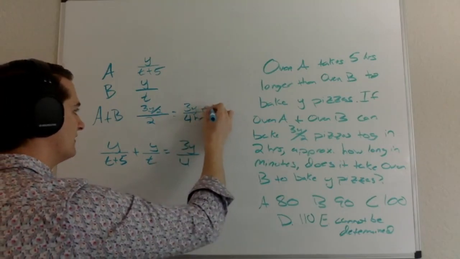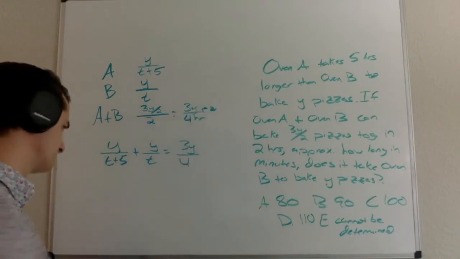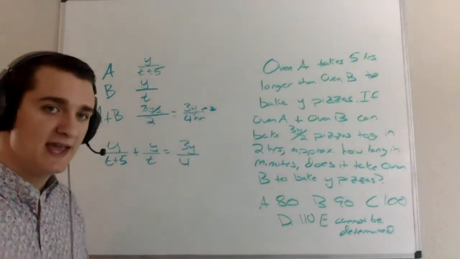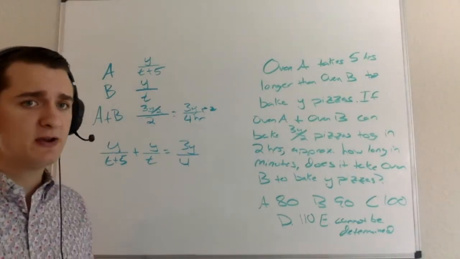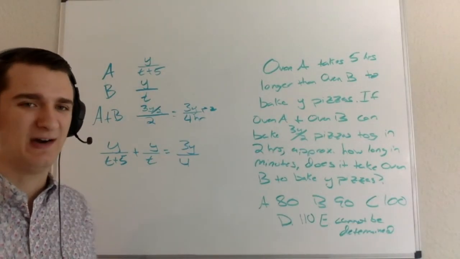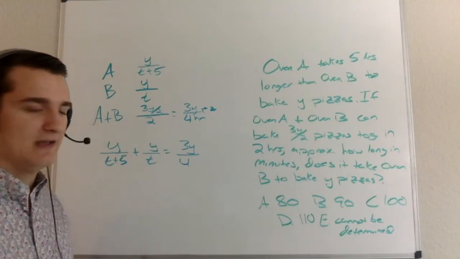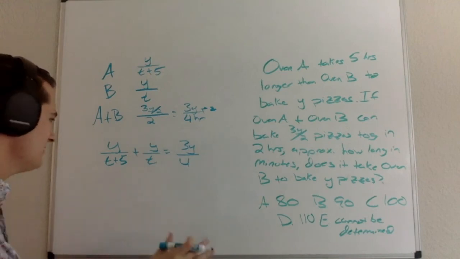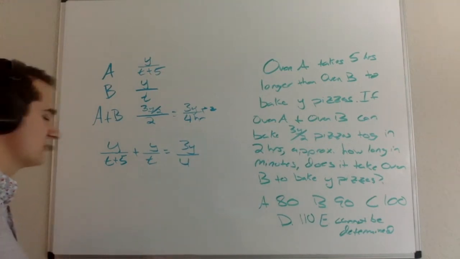Of course, these are pizzas per hour. I'm going to start to solve this and just see where it takes me. I don't always on the GMAT know exactly how I'm going to get to the answer, from step 1 through step 9. But I can start to see that maybe things could start to work out for me here.